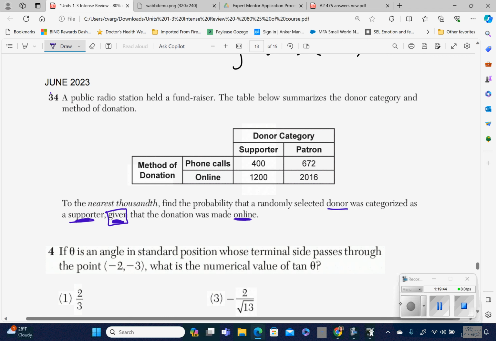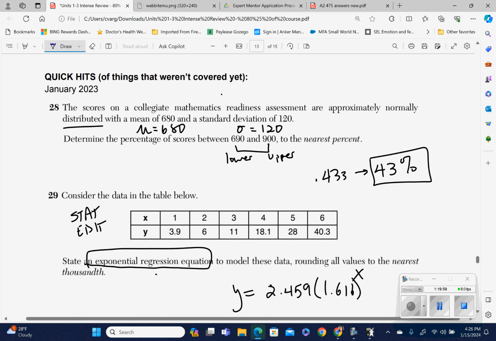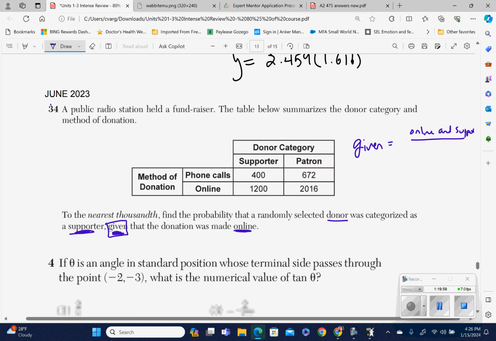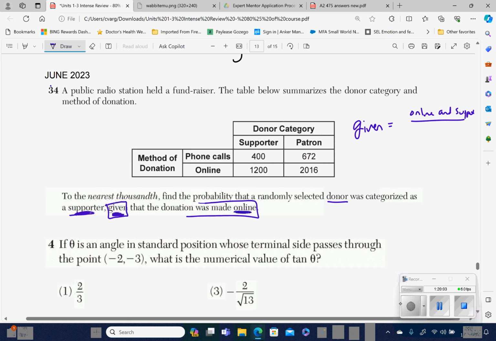So anytime you see given, you check and see on the top which one is both of those, online and supporter, divided by whatever is second. So the total number of donations online, so total online is second.